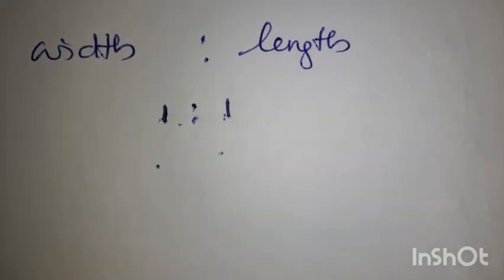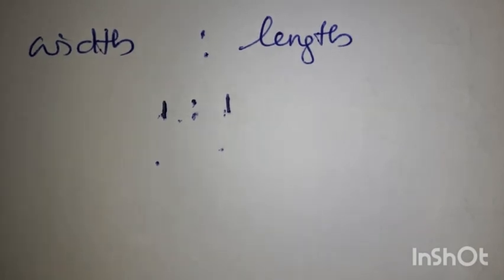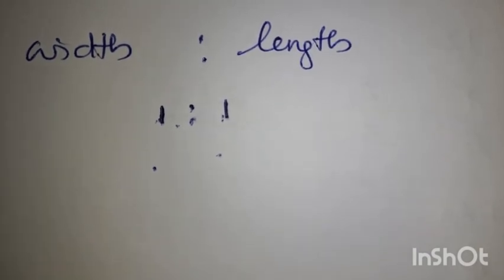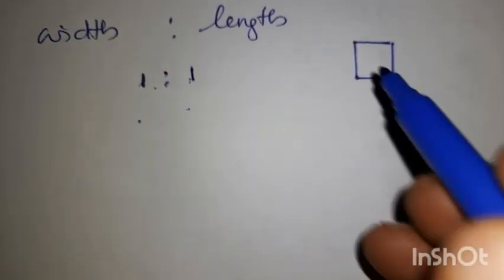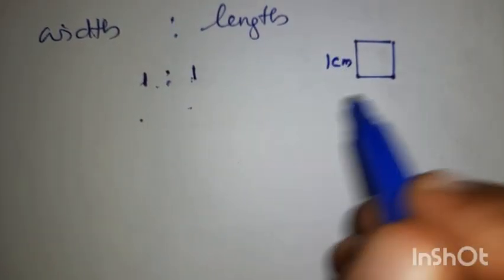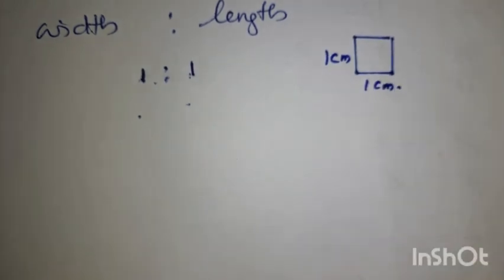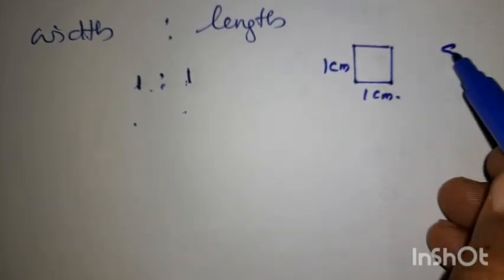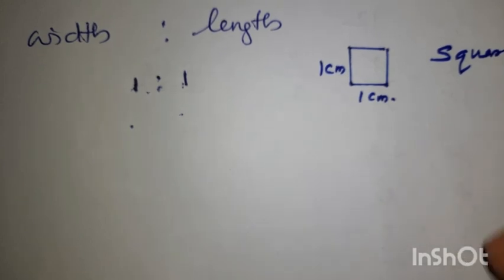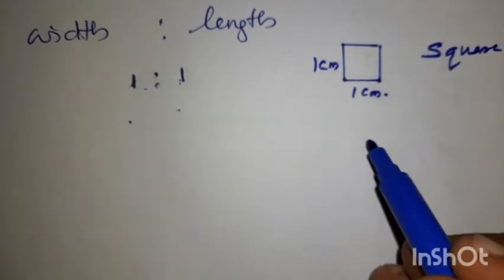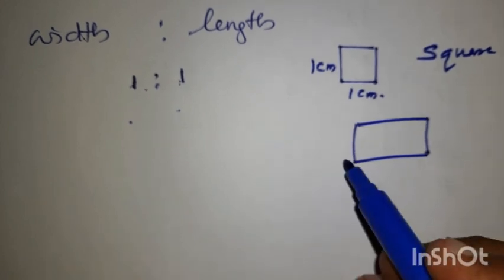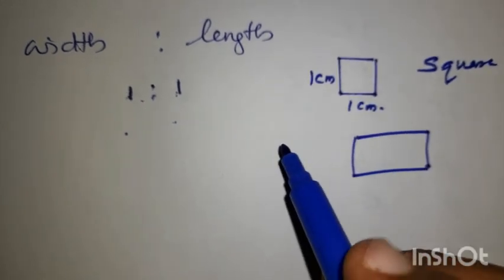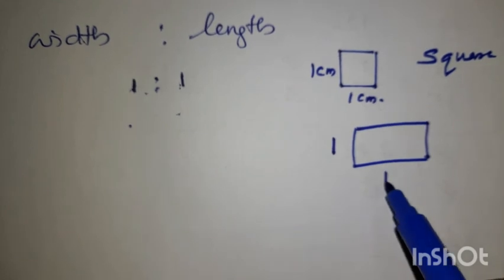Okay. Then what we can say like that? If the rectangle has the same width and the same length, what is that? It is a square, right? If 1 centimeter width and 1 centimeter length, that rectangle we can call it as a, which one? Square. Rectangle means like this. Okay, the length is more than the width. But here, in the case of our question, the width and length ratio is same.